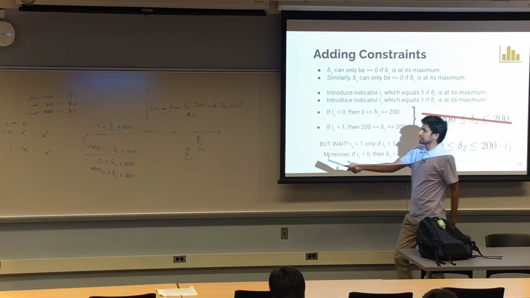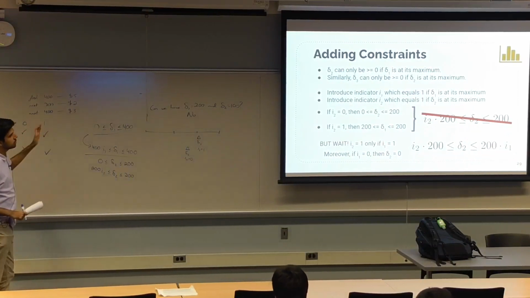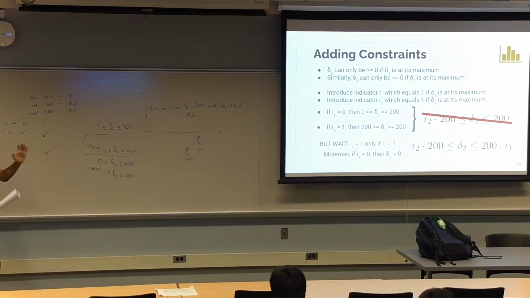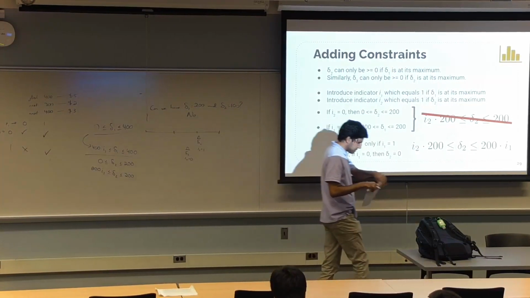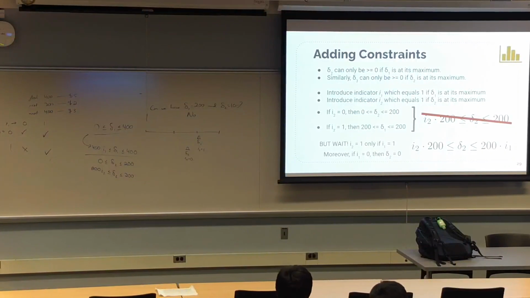But critically, the other side still works: if I1 is equal to 1, then we allow delta 2 to float freely up to 200. So we're just changing the upper bound of delta 2. Yeah, this is admittedly very, very complex. But it's interesting because we're moving completely away from just normal, boring linear equations.